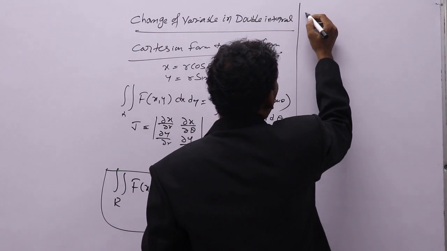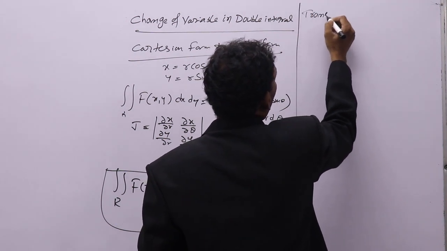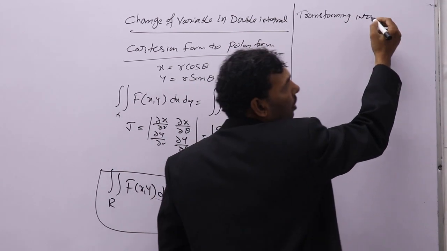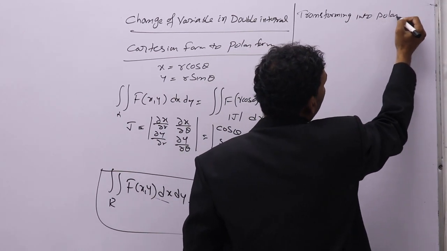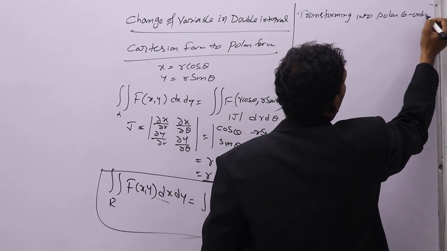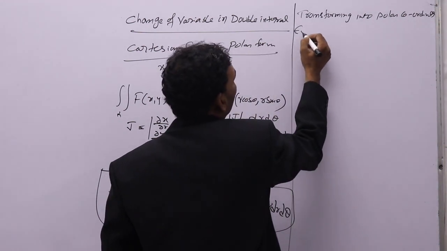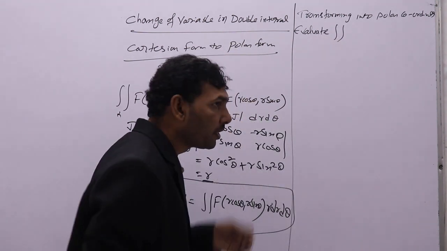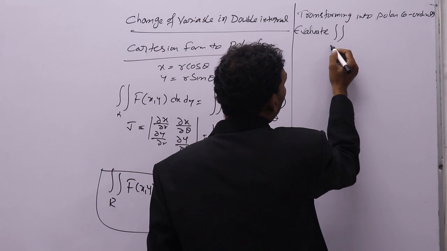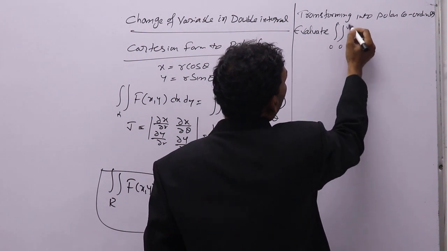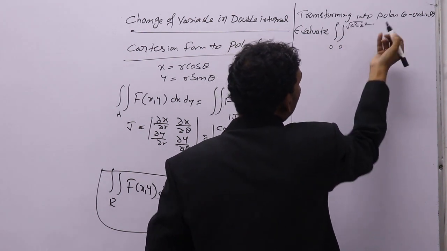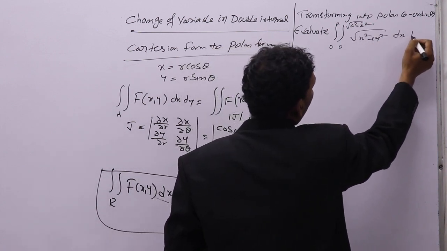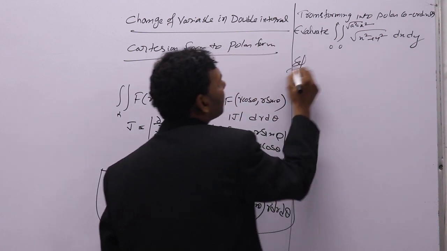By transforming into polar coordinates, evaluate the double integral from 0 to root a square minus x square of root of x square plus y square dx dy.